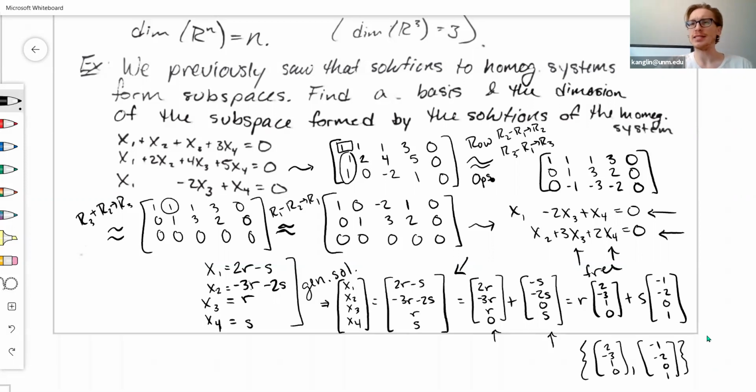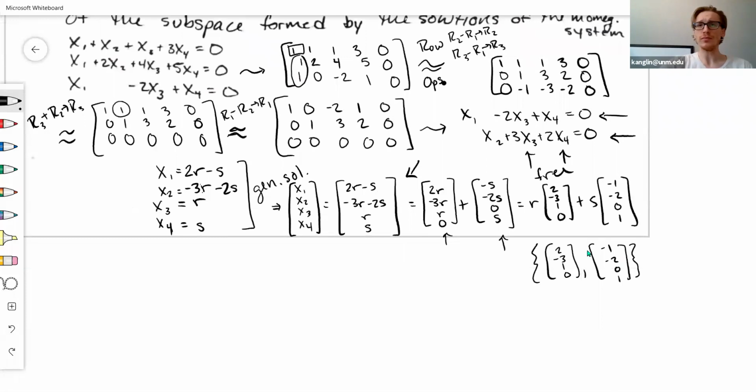This is a set of vectors such that every vector that's a solution can be written as a linear combination: some scalar r times this one plus some scalar s times this one. I found a set of vectors here that certainly spans the solution space of the homogeneous system.